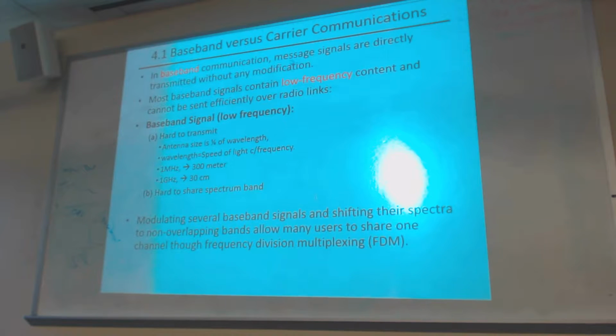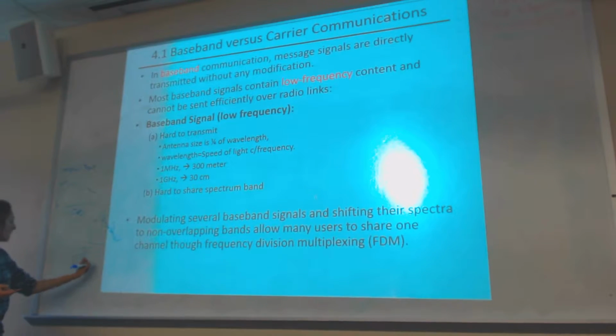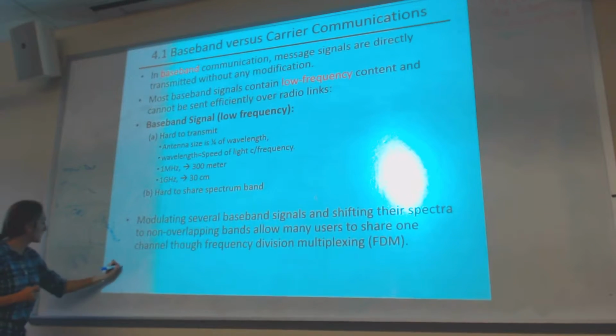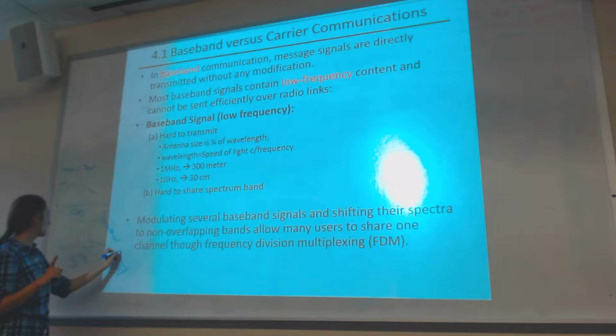So in baseband communication, message signals are directly transmitted without any modification. The original signal, low frequency, usually is transmitted. Most baseband signals contain low frequency content and cannot be sent efficiently. So if I'm dealing with a low frequency signal, there are some problems. The first one is that when my signal is low frequency, we know the frequency and wavelength are related.